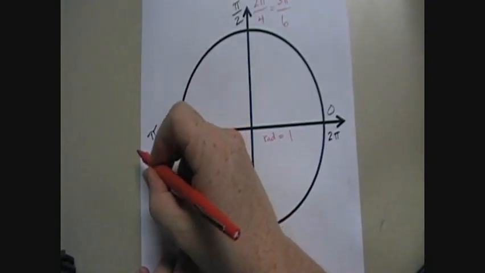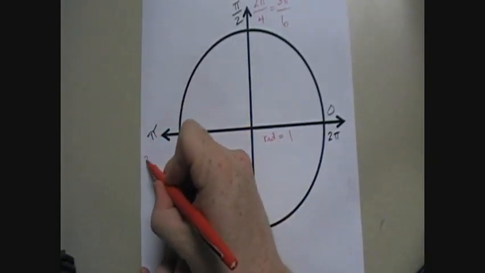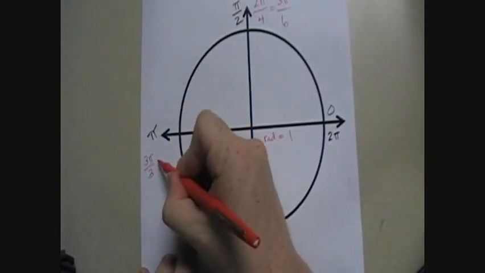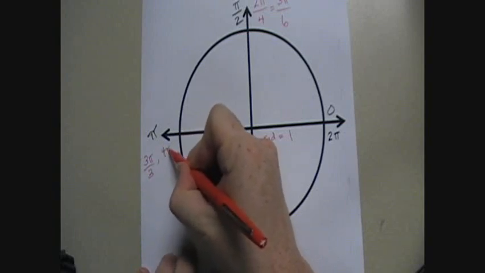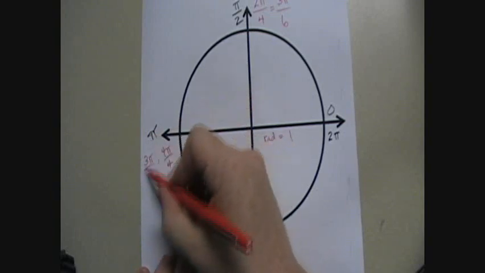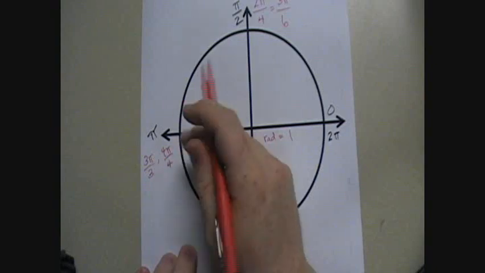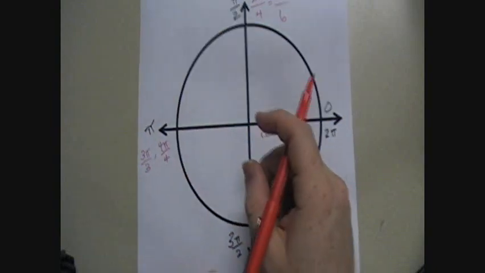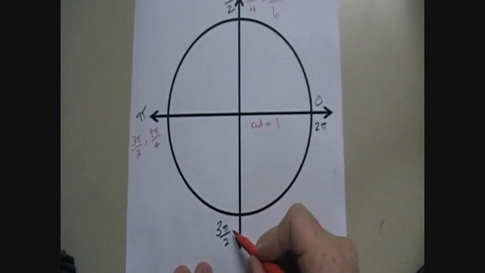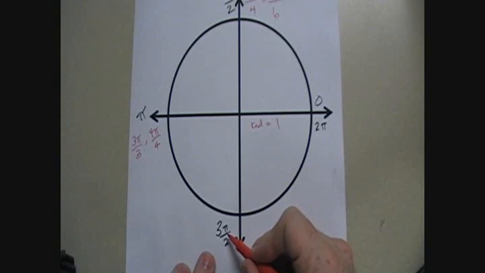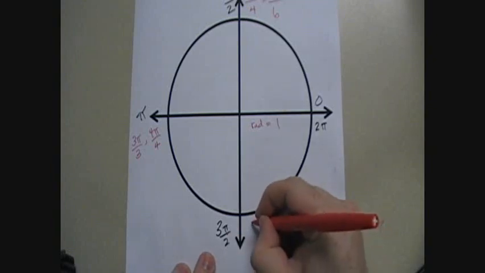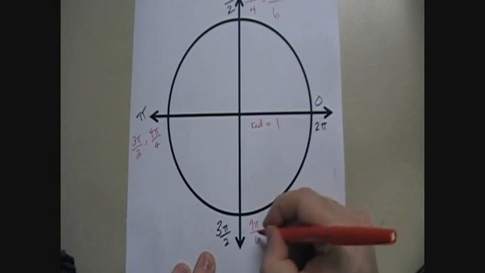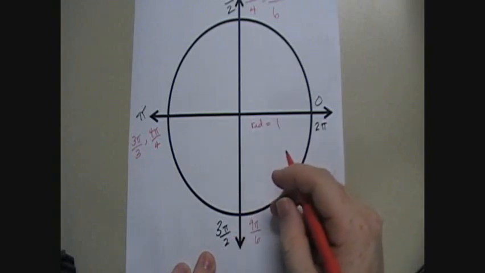Of course, this could also be considered 3 pi over 3. It could be 4 pi over 4, because all of those would reduce to pi. I didn't write 2 pi over 2 because we don't really need that one. And down here, of course, we could do the same thing. We could have, let's say, 9 pi over 6, or something that would reduce to 3 pi over 2.